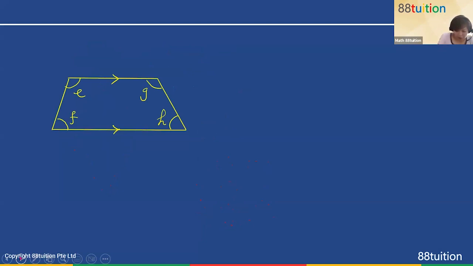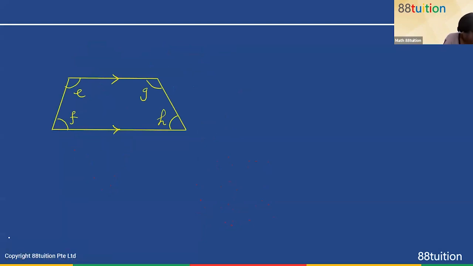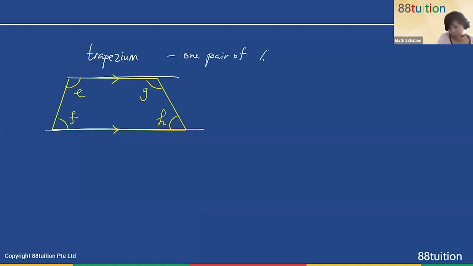Now look at this shape. It's called the trapezium. One parallel side. Where's the one parallel side? Here, look. Okay. So that means you have the bottle cap of this one.